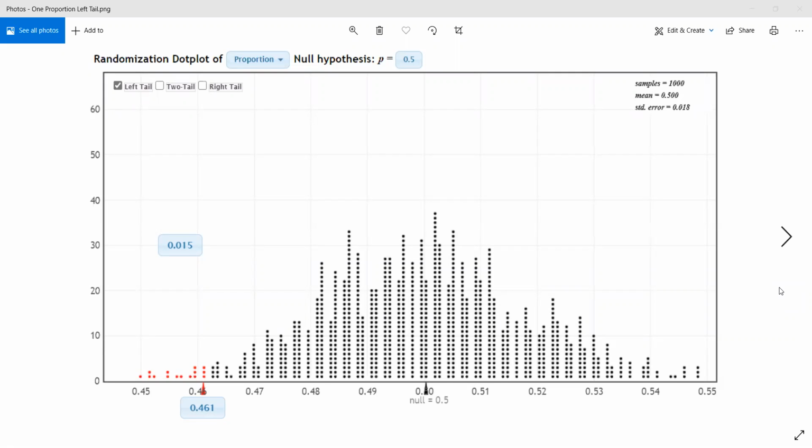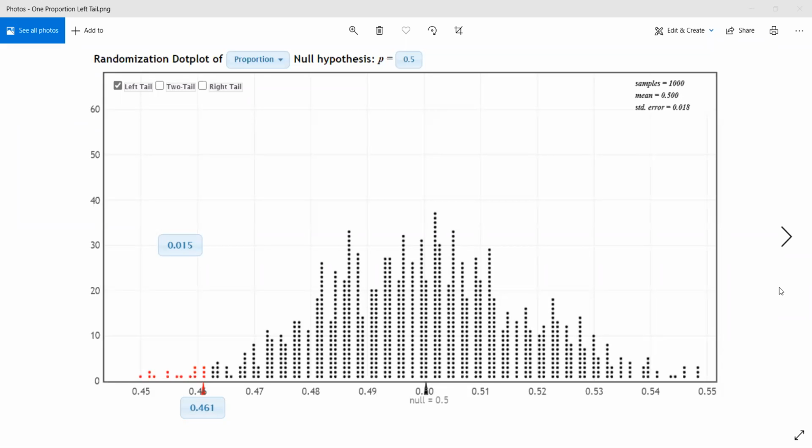We would reject it because this one's larger. What's larger? The p-value. And you're saying we would reject? Yes. All right.